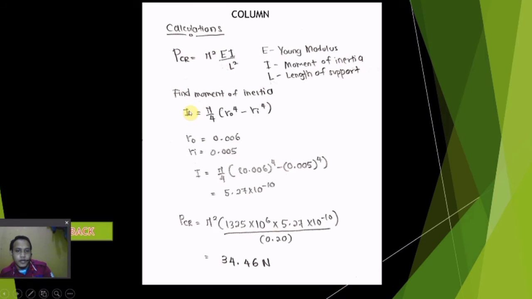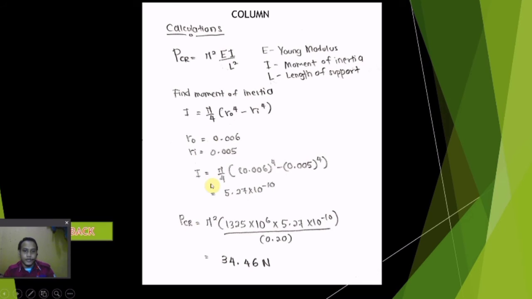Okay, first of all, we calculate the moment of inertia. Moment of inertia equals pi over 4, the outer radius to the power of 4 minus the inner radius to the power of 4. So the outer is equal to 0.006 meter, inner 0.005 meter. So we get the moment of inertia equal to 5.27 multiplied by 10 to the power of negative 10.